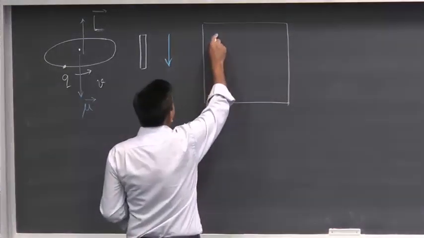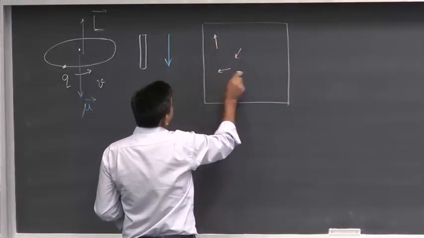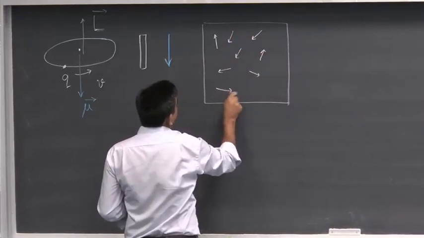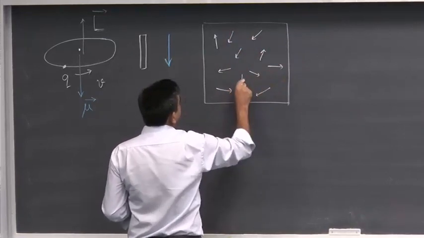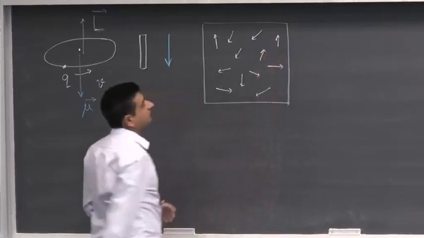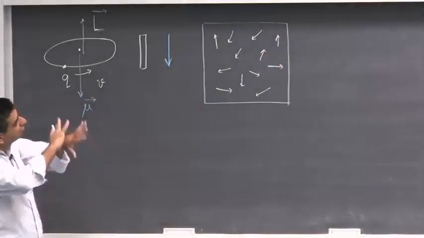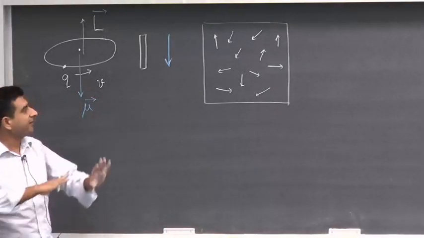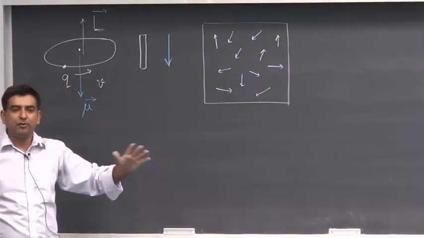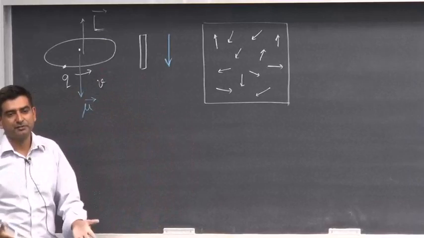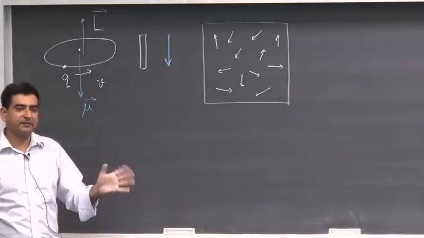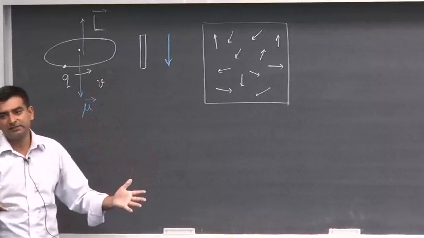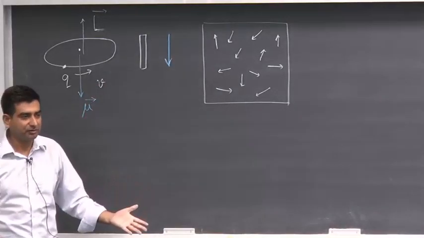So you have this box of electrons and you have magnetic moments pointing in arbitrary directions. So you can have a soup of magnetic moments. And if it's a gas, these magnetic moments could be pointing in random directions if you don't have any external magnetic field imposed. Each one of them could be an electron.